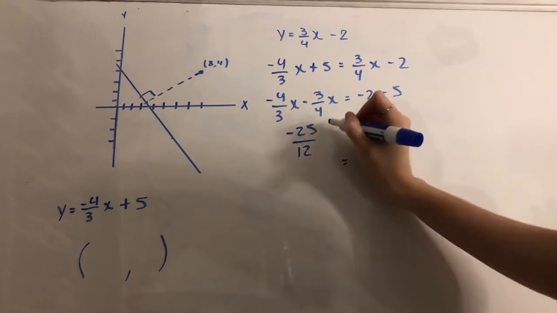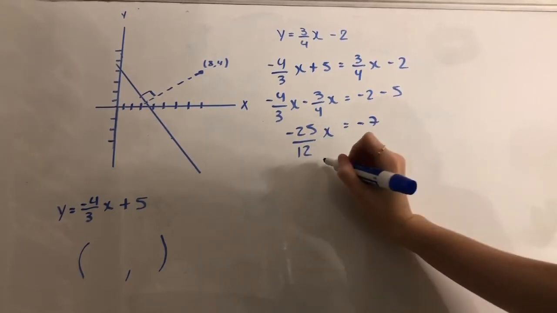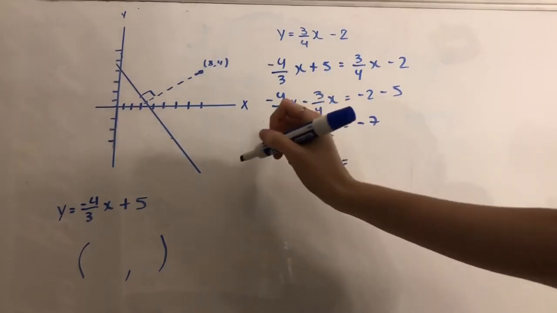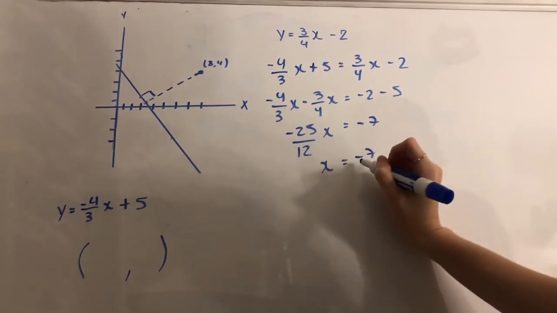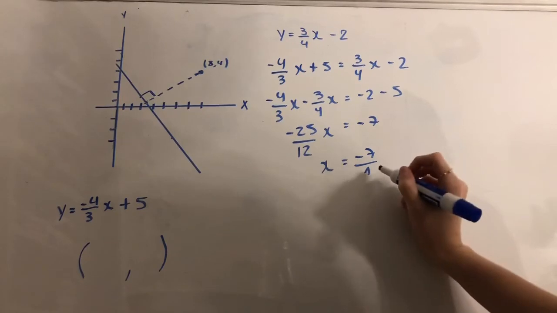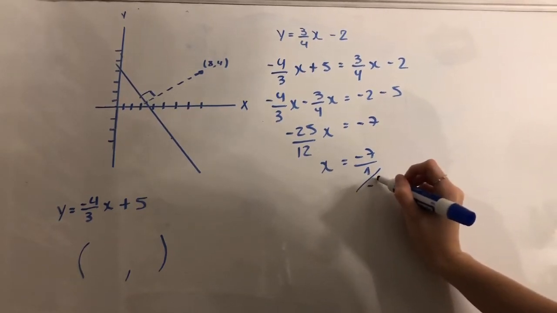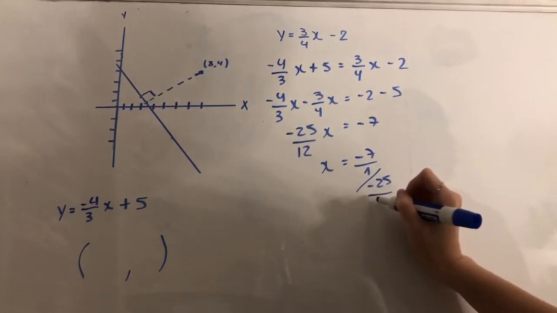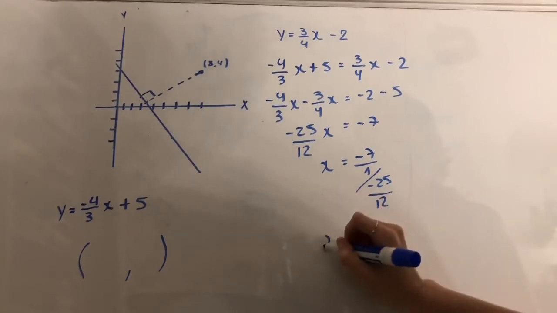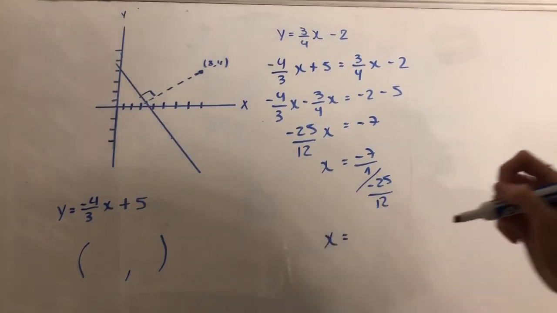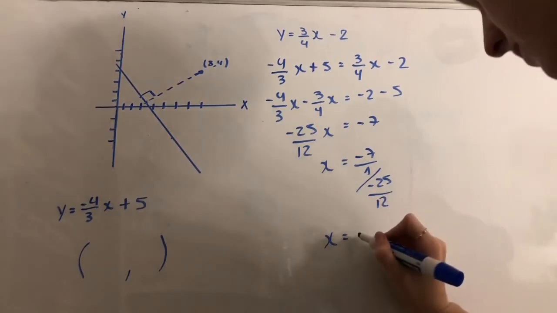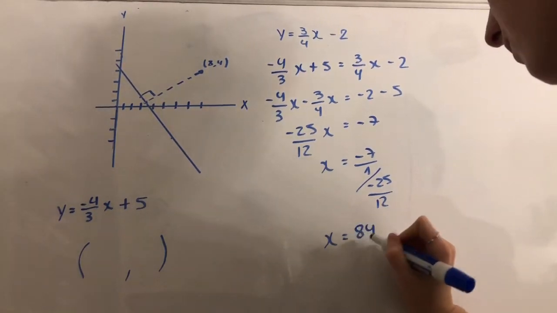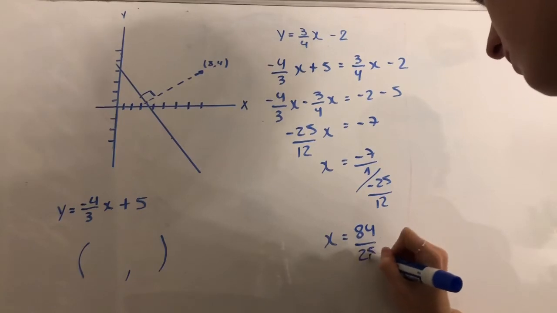So now we're going to pass the dividing to the right side. We're going to put it over 1 so it's easier. Dividing minus 7 by minus 25 over 12 gives us 84 over 25.